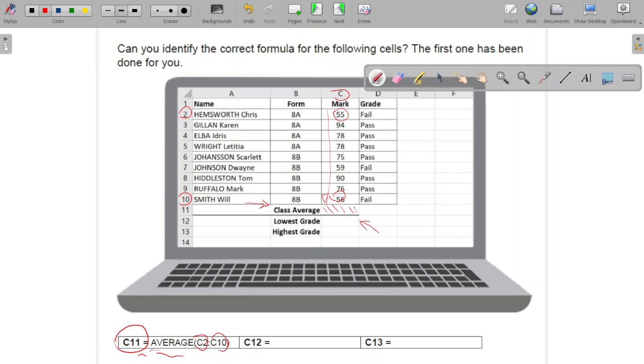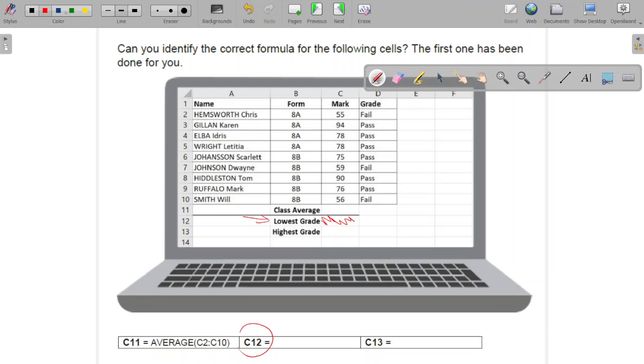So that's the idea. He wants you to tell what kind of function is to be written inside of a cell to give it this value. Now pay attention to this. I'm going to solve this one, C12. Where is C12? This is C12. It's in front of the lowest grade. It means that the lowest grade of these marks is going to be added there.